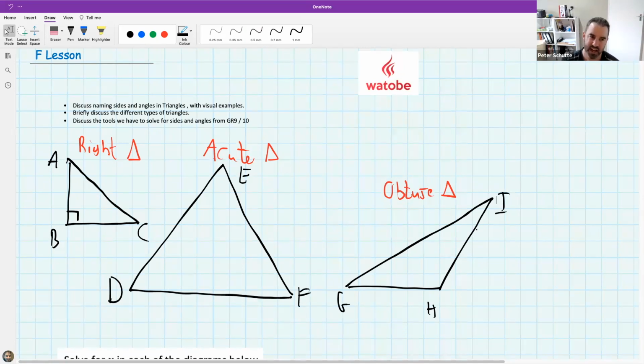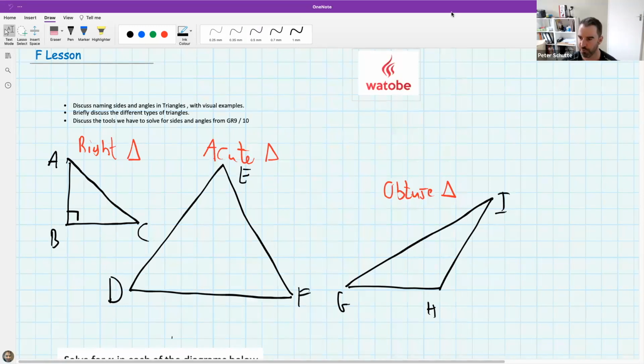Now, there's another convention that we use to talk about the sides. Would anybody like to put their hand up and tell me, how do we talk about the sides in a triangle if we've named the corners by capital letters? There's a bit of language we have to get, our rules for the road in place.